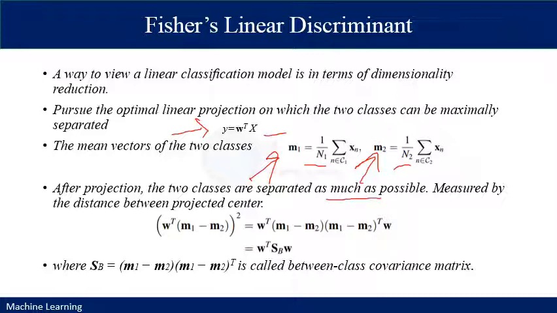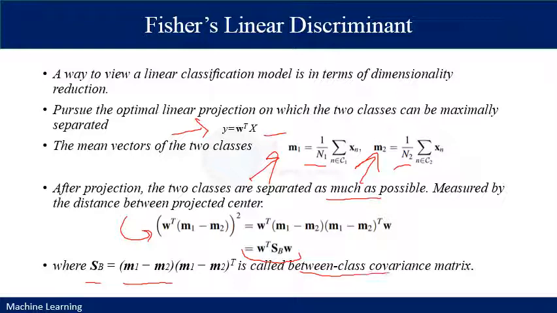This is measured by the distance between projected centers using the following formula. By extending the formula, we get the term w^T S_B w, where S_B = (m1 - m2)(m1 - m2)^T, which is called the between class covariance matrix.